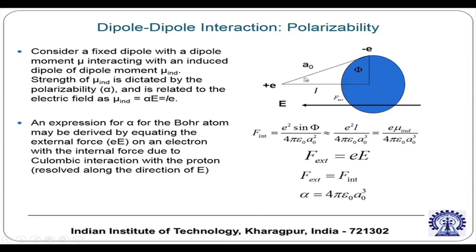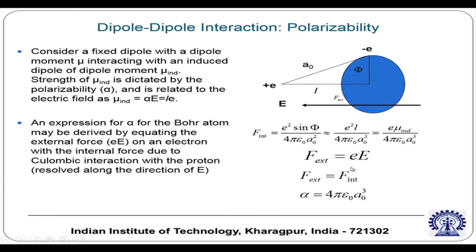The interaction between plus e and minus e gives rise to a Coulombic force e squared by 4 pi epsilon naught a squared, which resolved in the direction of capital E is that times sin theta or sin phi. Now you can write sin phi as L by a0, so you can come up with this expression, which is equal to e times, because small e times L is mu induced, e times mu induced by 4 pi epsilon naught a0 cubed.